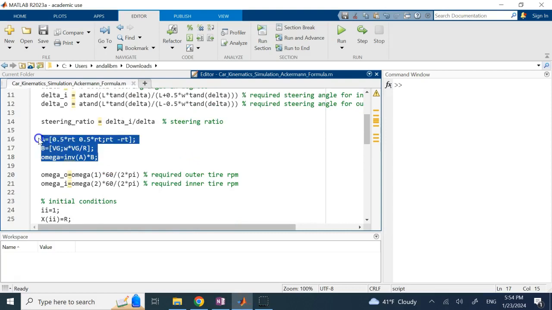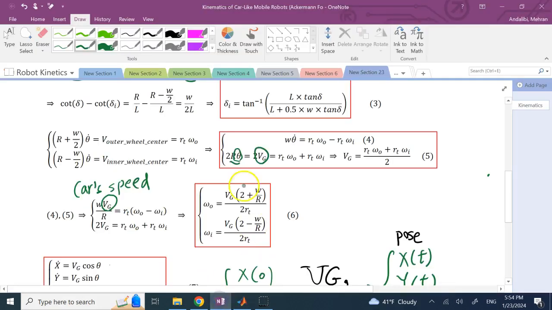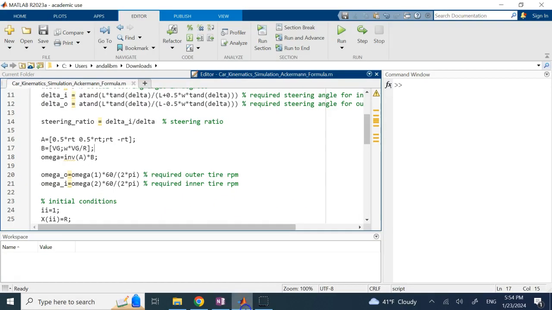So here I just directly solved for them, but if you want, you can simply go ahead and apply those formulas. So I solved for these two equations, but you can directly plug in these two formulas in 6 to get omega I and omega O.